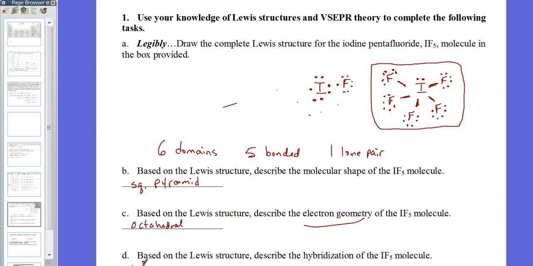So you don't have to know every single thing about the valence shell electron pair repulsion theory, but you do have to know how to draw a Lewis structure correctly and how to identify how many domains it has.